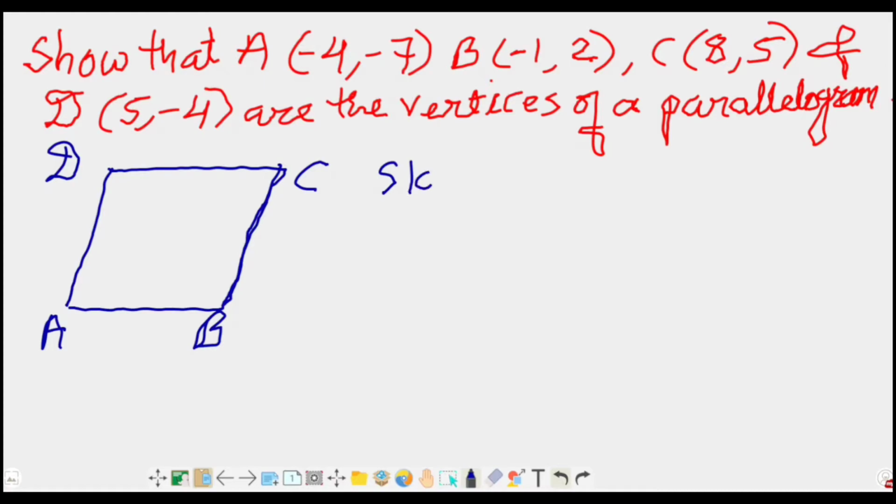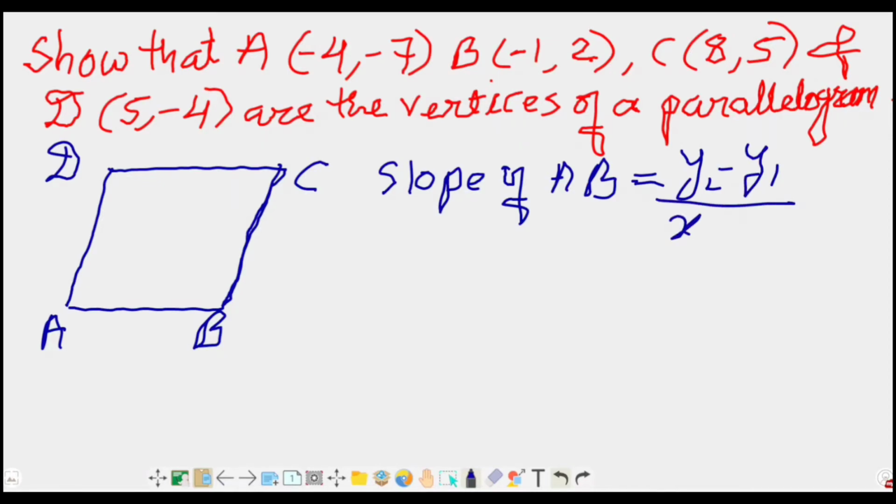Let's first calculate the slope of AB. Now you know the formula. y2 minus y1 upon x2 minus x1. Now for AB, I will consider these 2 points.